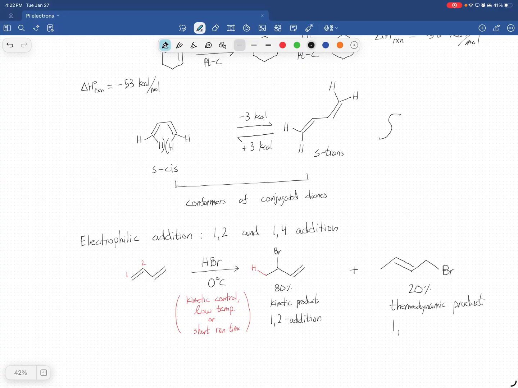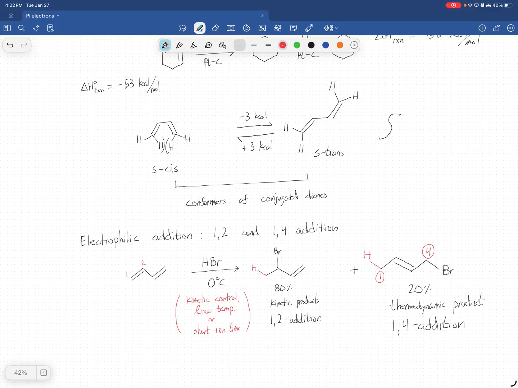This is called 1,4 addition. If we write where the hydrogen is, the hydrogen added right here, at the 1 position. The bromine is at what position? What number? Yeah, at 4. We just count over, that'll be 4. So that's why it's called 1,4 addition. You added the bromine several carbons away from where you added the hydrogen, so 1,4.